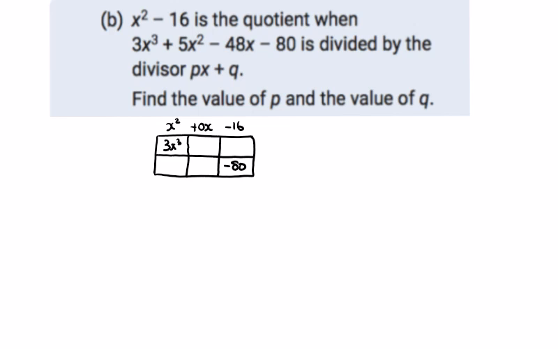We gotta get this one here, so it's gonna be 3x. We're gonna have 0x, and we're gonna have minus 48.